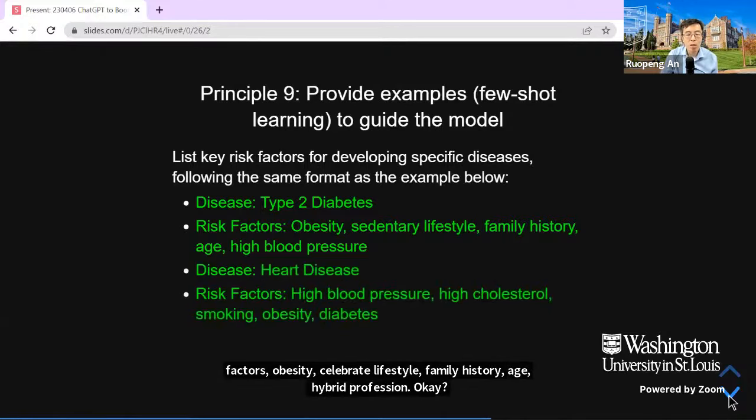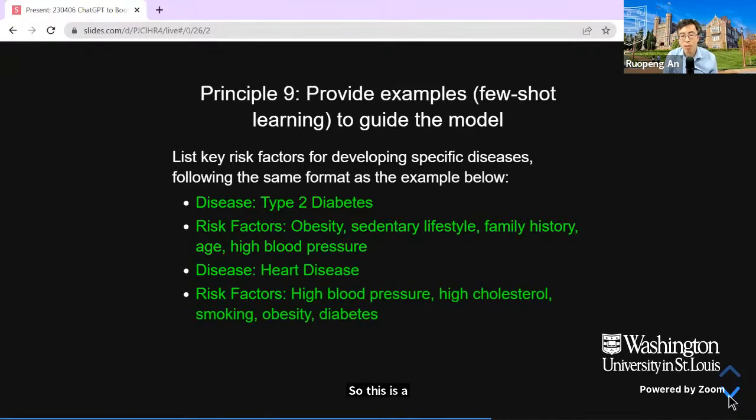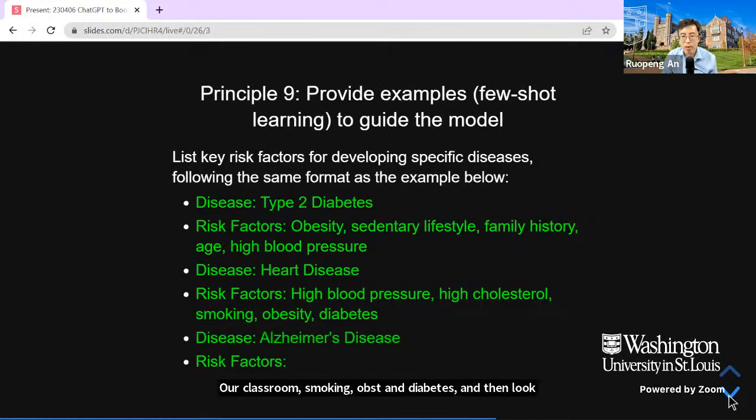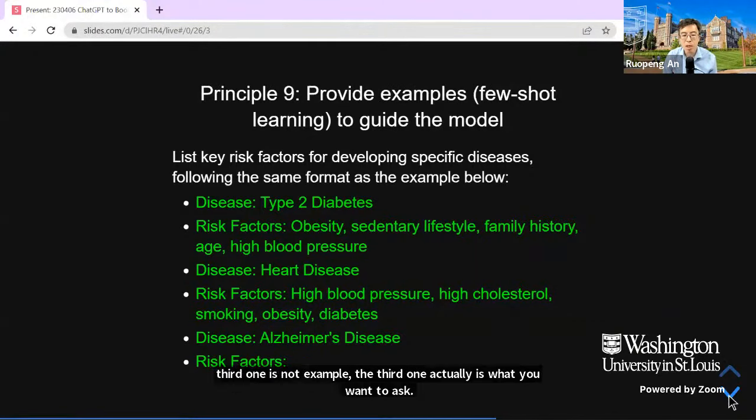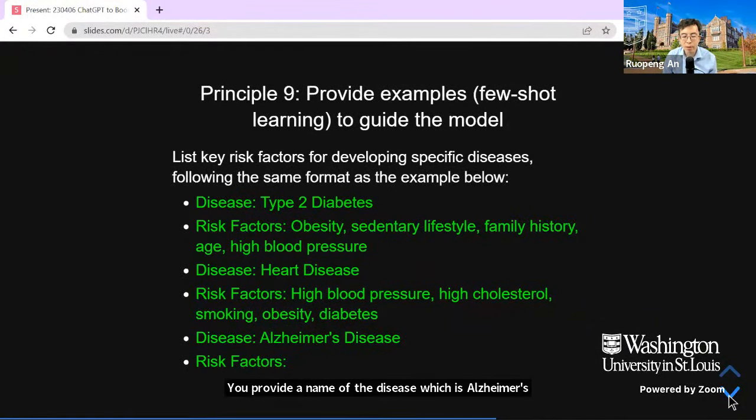And then you give another example because few-shot learning basically means that you provide several examples as part of your prompt. So the second part of the prompt is another example. Disease is heart disease. Risk factors include high blood pressure, high cholesterol, smoking, obesity, and diabetes. And then look at this. The third one is not an example. The third one actually is what you want to ask. You provide the name of the disease, which is Alzheimer's disease, and then you have a risk factors column, but you have nothing there.